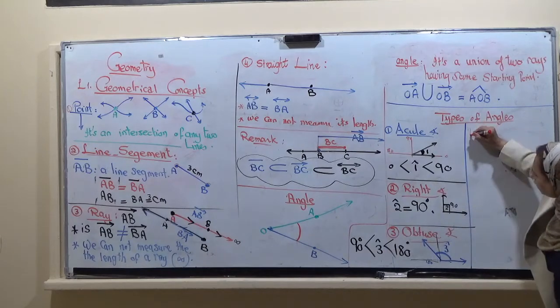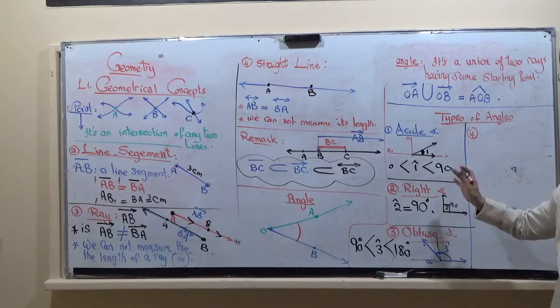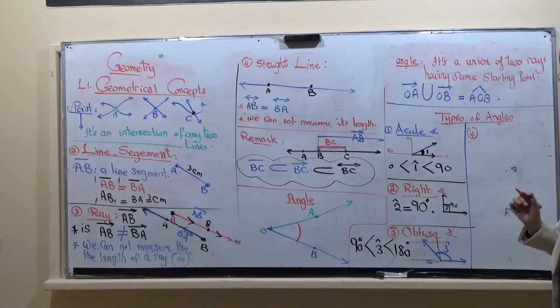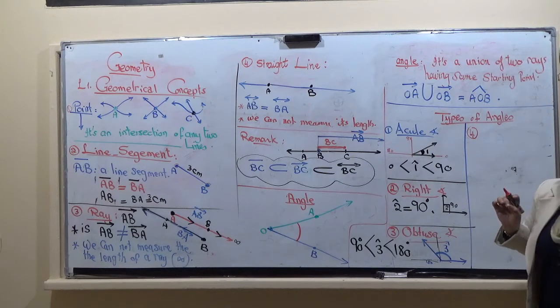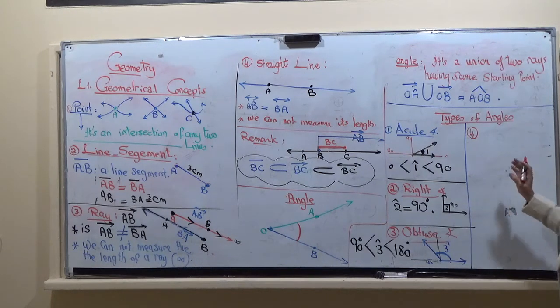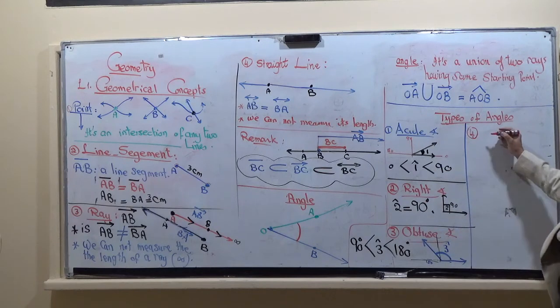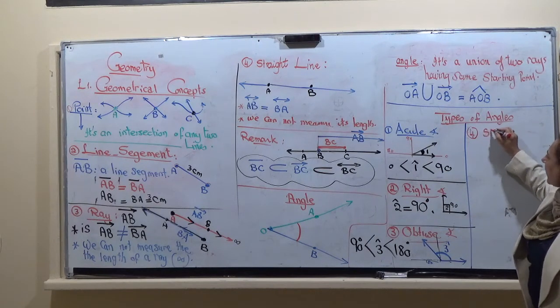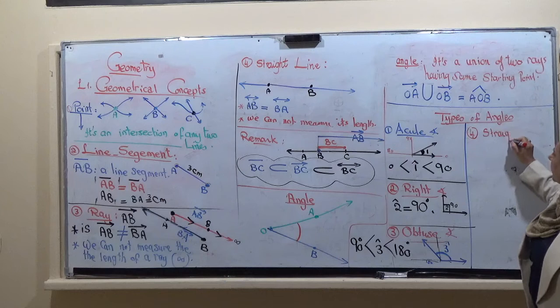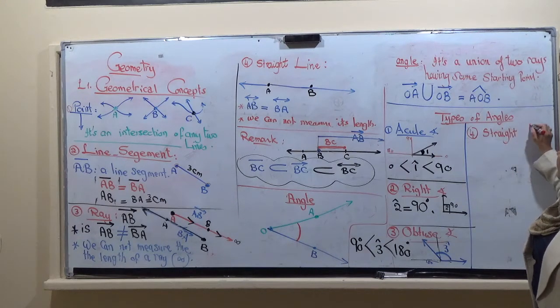Number 4, you have to study this one very much, because next time I will make some exercise problems in order to apply all the facts on the board. This is the straight angle.